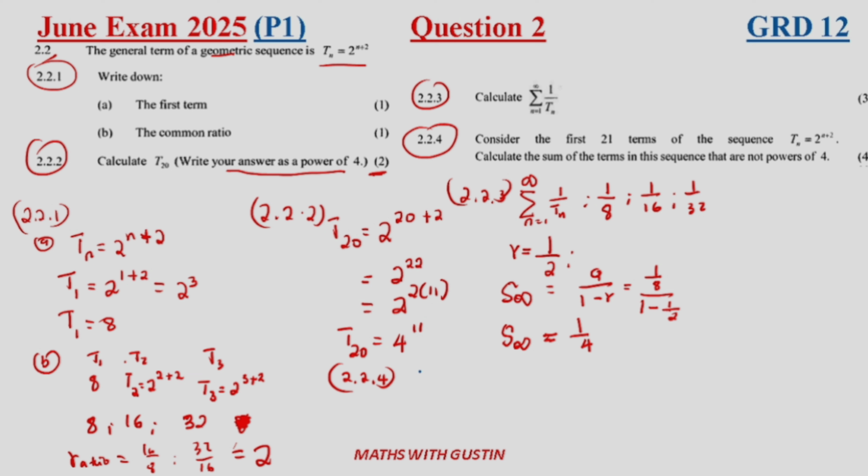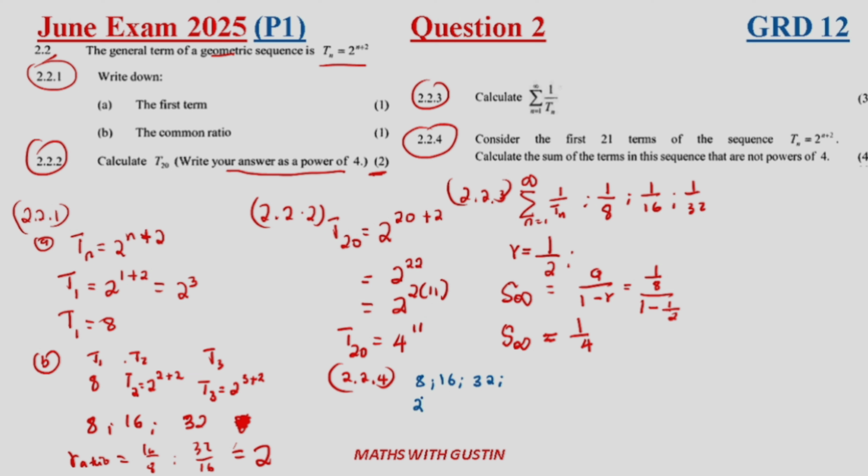Okay, so the first term here that we had was 8. Remember, it was 8. Second term, it was 16. Third term, it was 32. Okay, and so on and so on.